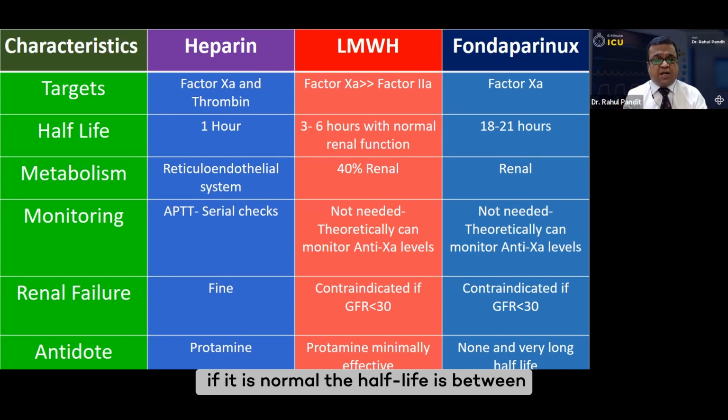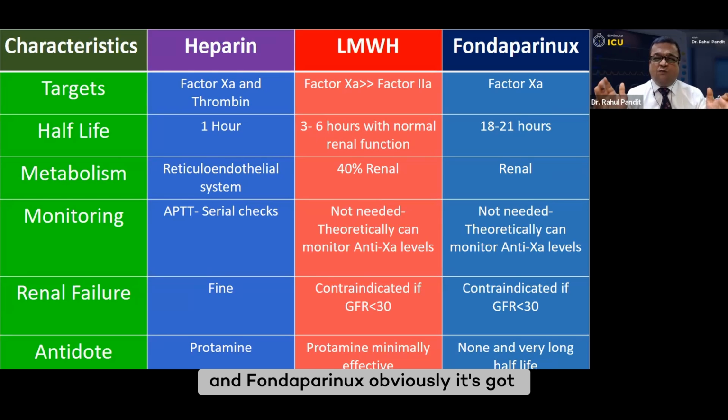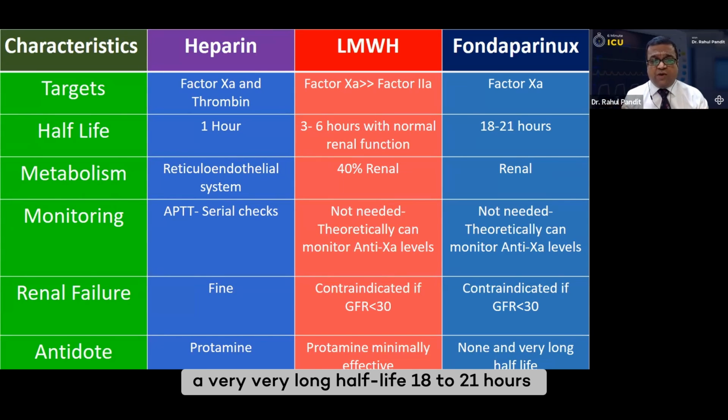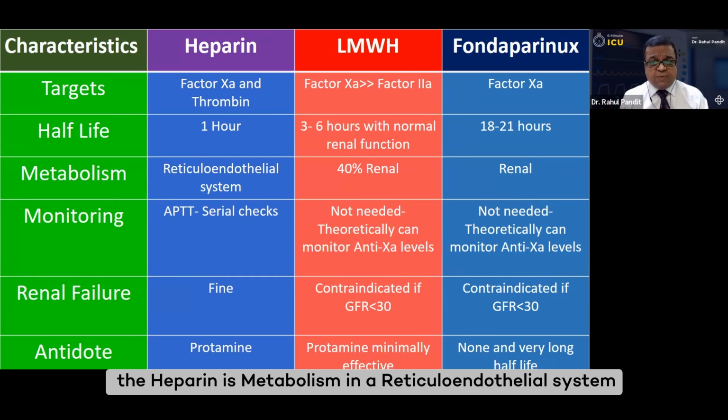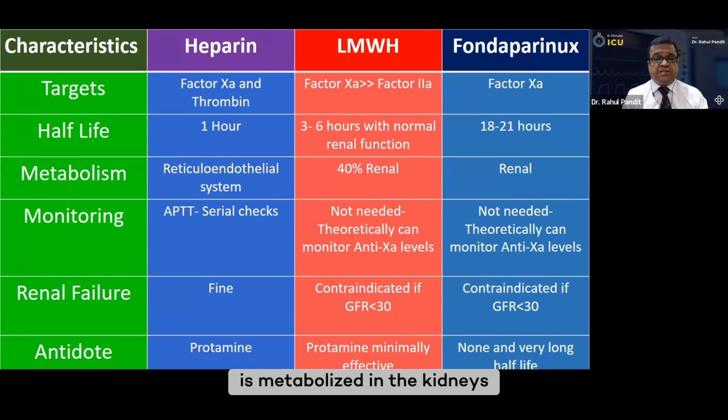If it is normal, the half-life is between 3 to 6 hours. And fondaparinux, obviously, has a very, very long half-life, 18 to 21 hours. Heparin is metabolized in the reticuloendothelial system, whereas 40% of low molecular weight heparin is metabolized in the kidneys. Hence, that importance of half-life with normal kidney function. And again, there is significant renal clearance for fondaparinux as well.